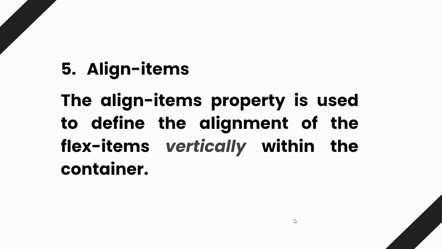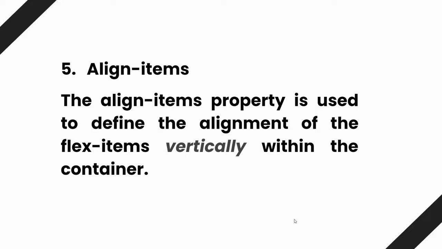For the fifth property, we have the align items property, and it's also used to define the alignment of flex items like the justify content we just saw before. But this defines the alignment vertically and not horizontally within the flex container.